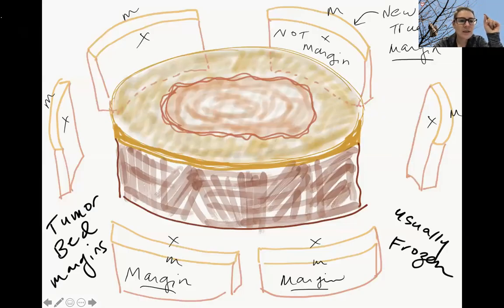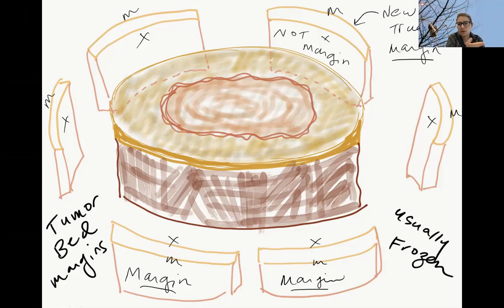Okay, so here is diagrammatically how the tumor bed margins relate to the main specimen, right? They basically take strips of mucosa and sometimes deep tissue from that cavity, from the edge of that cavity that's left in the patient. So it's one extra step outside of the main specimen.